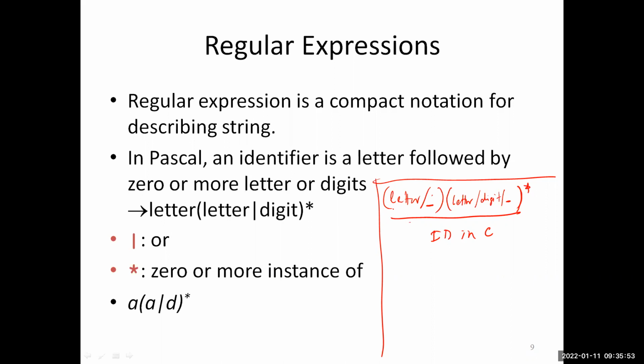So the rule which I am mentioning in the C language for defining a token is converted into a regular expression, right? And this regular expression represents the pattern. Now, if any lexeme matches this pattern, then the token is identified.